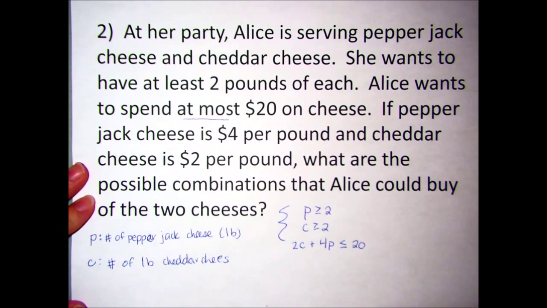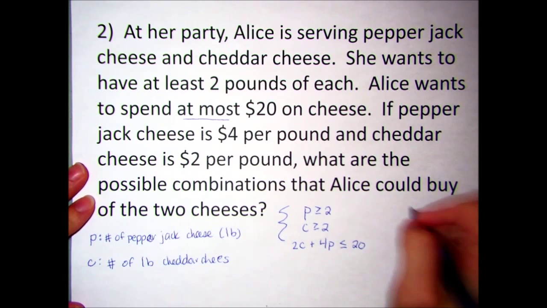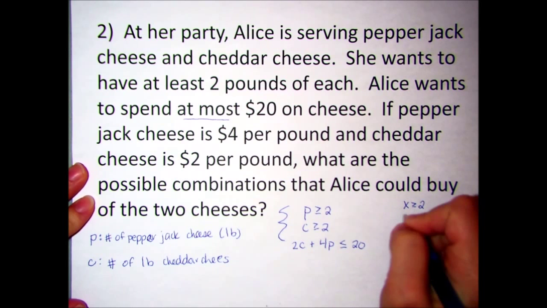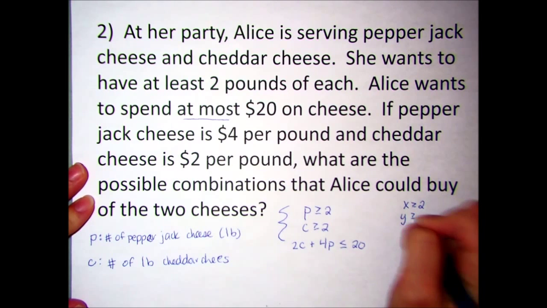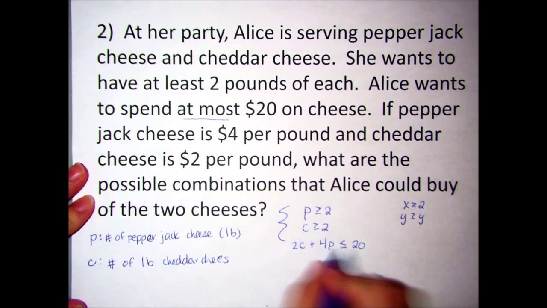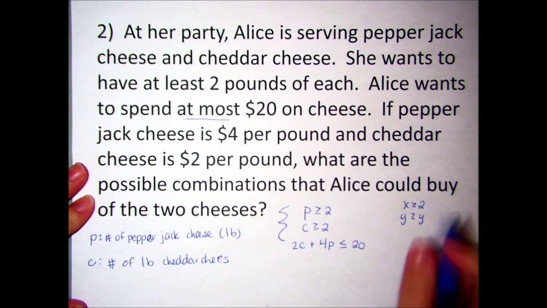To find out your combination for these, you actually need to graph this. And so if it helps you out, you can actually change these to X's and Y's. So the X would represent P in this case. We'll say the Y represents the C. And then notice we can actually simplify this. Everything can be divided by 2.